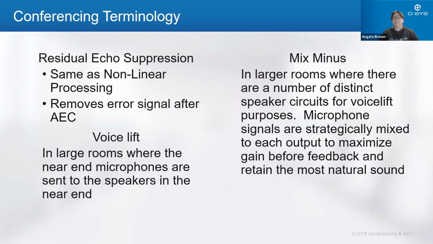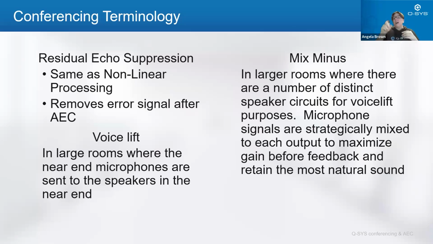One quick note, nonlinear processing. I think every single class I give, I'm just going to define this. Nonlinear processing means that different things are being done to different bandwidths or frequencies in your signal. And in fact, this residual echo suppression is a nonlinear processor. We have lots of other nonlinear processors, our feedback exterminator, all those other things. Be aware of what's linear and what's not linear.